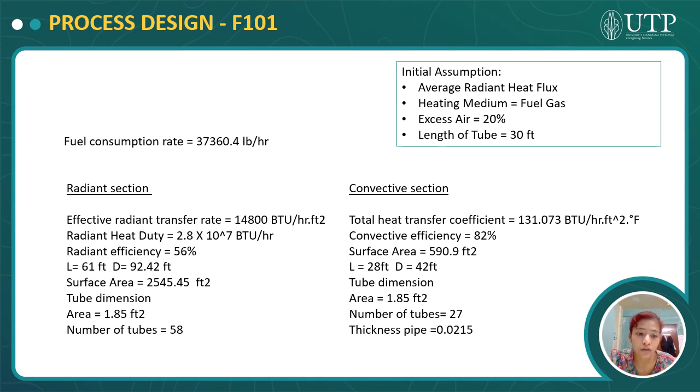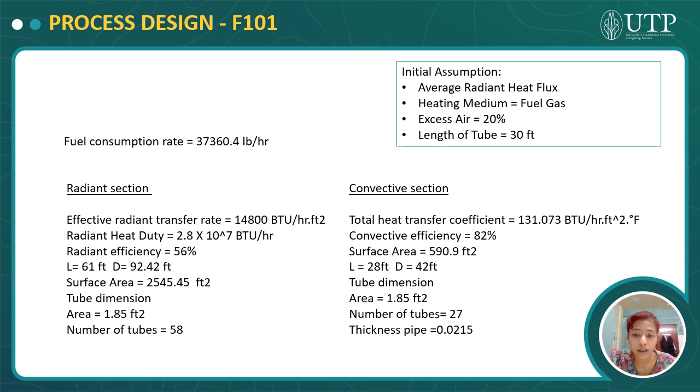The calculation of the length and diameter is as follows, and it is given by 61 feet and the diameter is 92.42 feet. The surface area is 25.45 feet squared. From the surface area, we can get the tube dimensions, which are area of tube of 1.85 feet squared and number of tubes of 58.